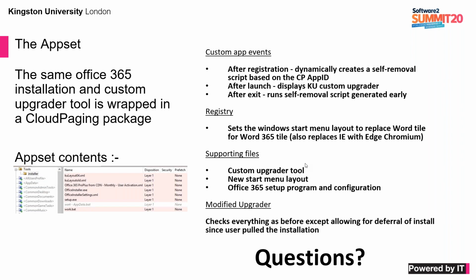Yep, definitely. And again, another one coming in here. I think I know the answer to this, but just for the rest of the audience, is there a reason why you haven't cloud paged Office 365 traditionally? Better part of valor, I think, is the answer to that. Like most universities, we still include a number of things in our base build, and our logic here is, if it's in use by everyone on every machine, there is limited point in cloud paging it.